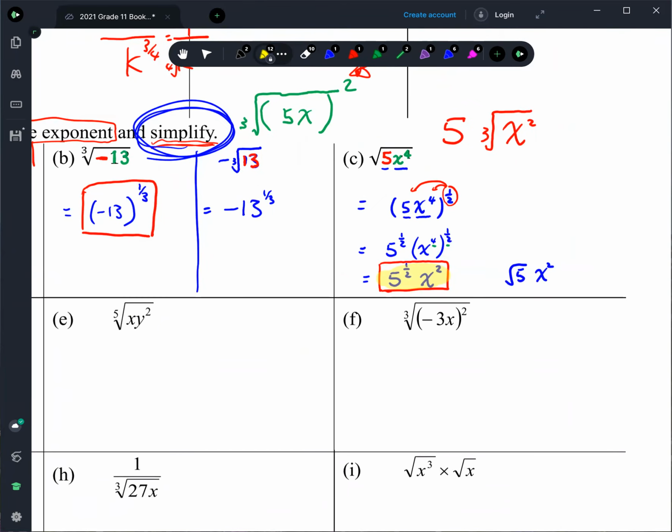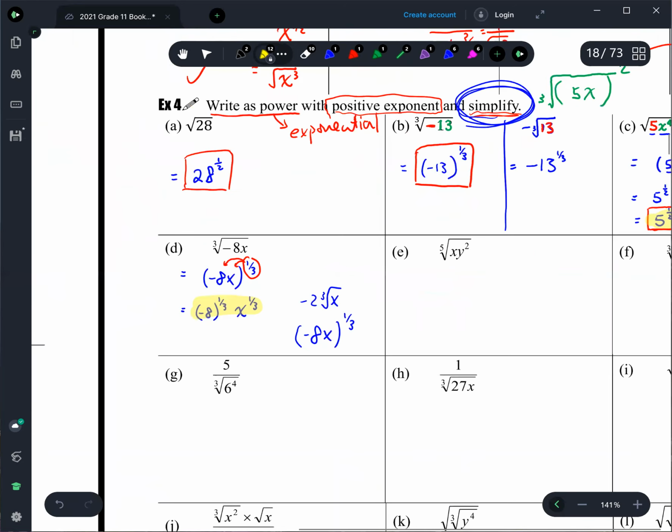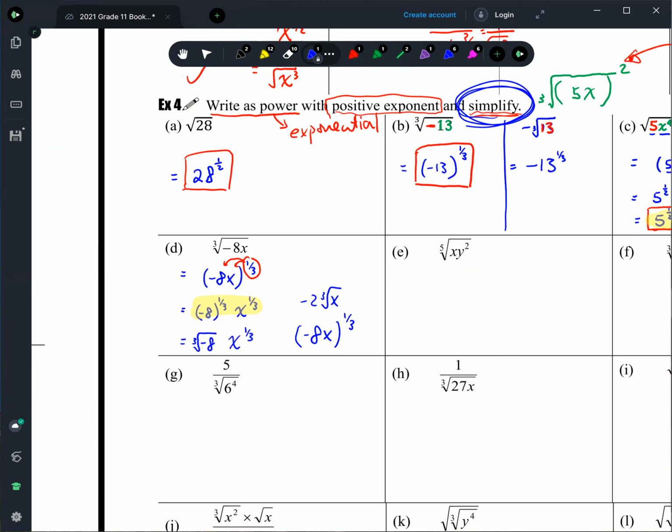Even if I square rooted, square root of 5 is not a nice number. But for -8, if I do the cube root, 1/3 means cube root, I could evaluate that. The cube root of -8 will become -2.